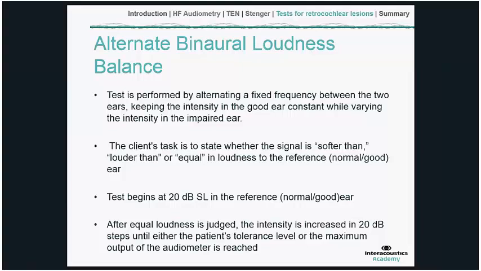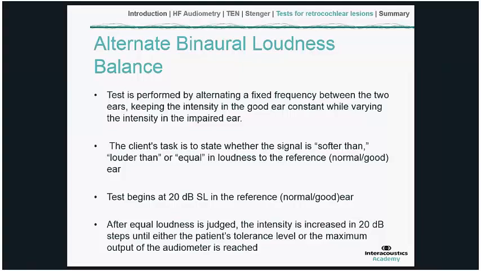So we would play a sound to the good ear, then alternate the side and play the same sound to the poorer ear, and we would modulate the sound in the poorer ear, turning it up or down, until the person described the loudness as the same as that in the good ear. So we'd keep switching between the good ear and the poorer ear, and modulate the sound level in the poorer ear until the patient felt that they were equal in loudness.